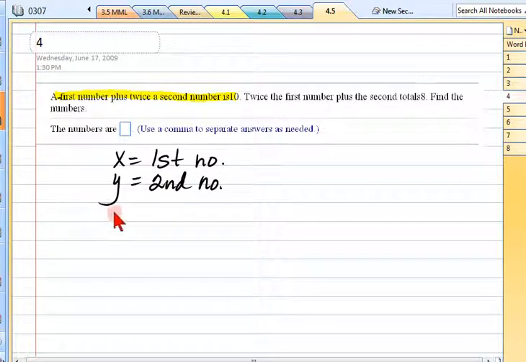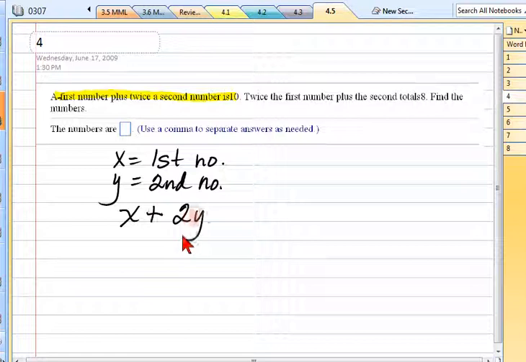Okay, here I go. A first number. What do I write? X. Plus 2y, because it said twice the second, is 10. If you read it, you write it.